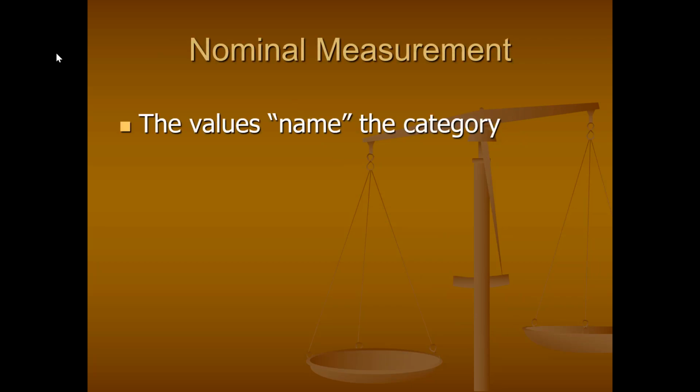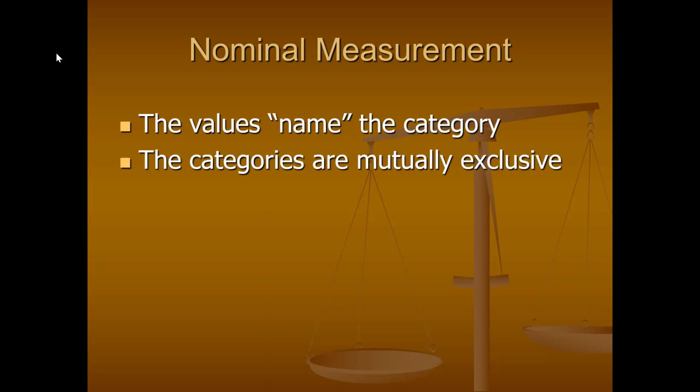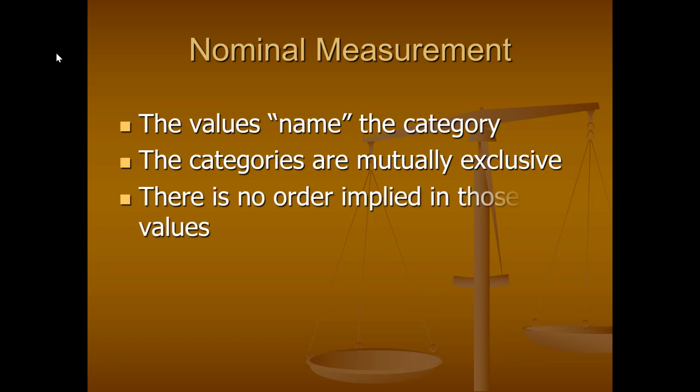In this case, the values just name the category. I like to think of the word nom as name, and that's what I use to remember the name of this level of measurement. In this case, the categories are mutually exclusive, meaning if I ask a question at the nominal level of measurement, then a person can only give one answer.